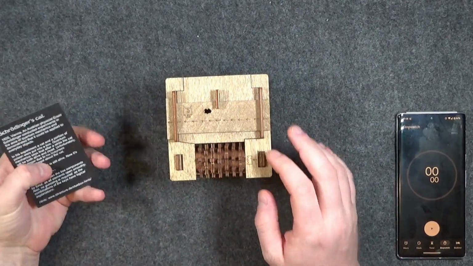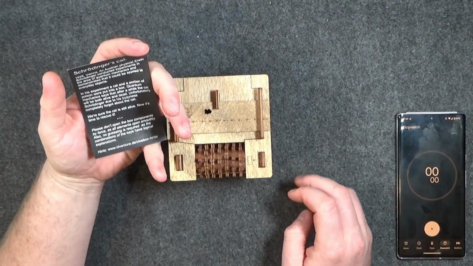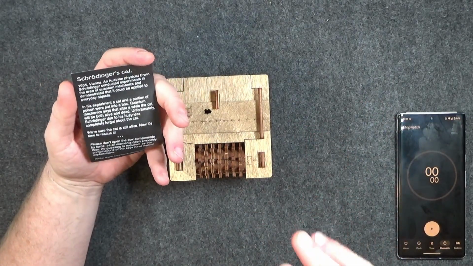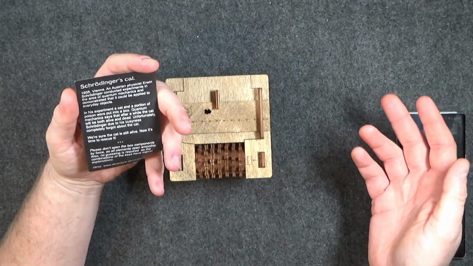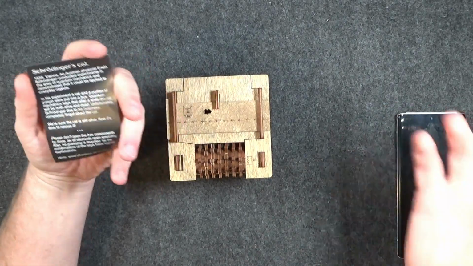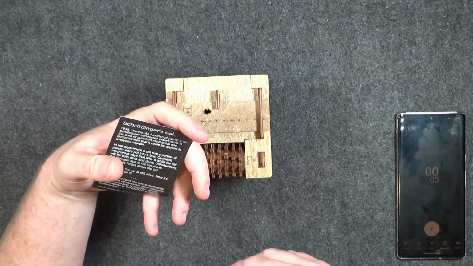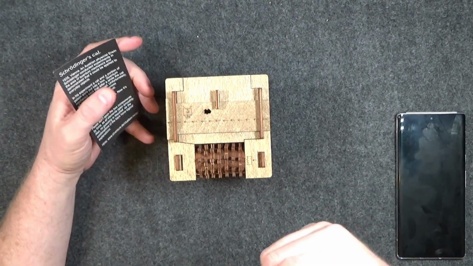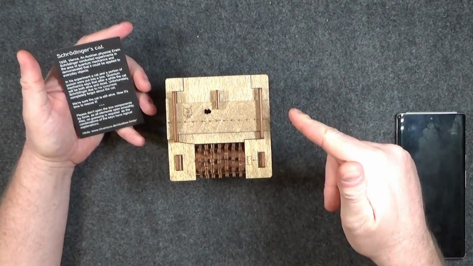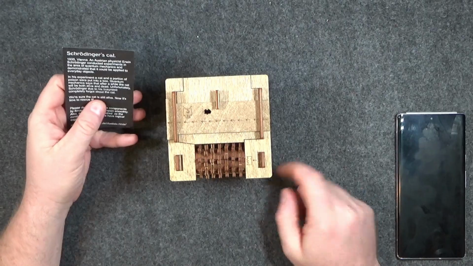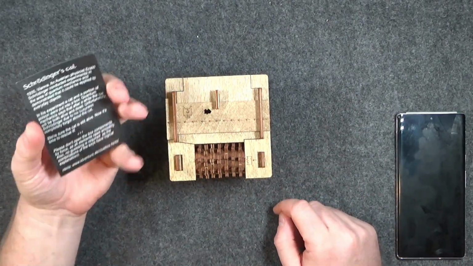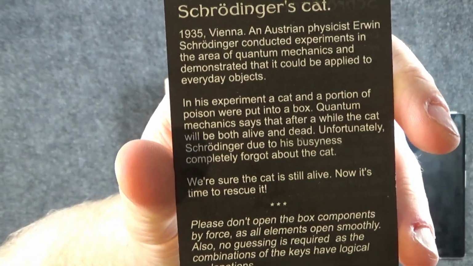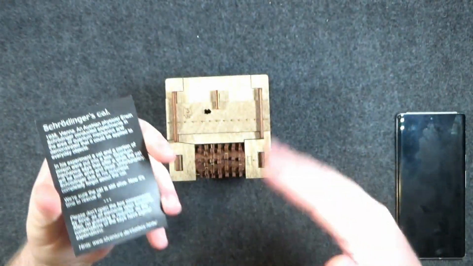Like I said, this one is called Schrodinger's Cat, and Schrodinger's Cat is a thought experiment where you put a cat and a bottle of poison into a box, and then you pause it. Is the cat alive or dead? You can't know the answer until you open the box and find out. So it's a quantum mechanics thought experiment.